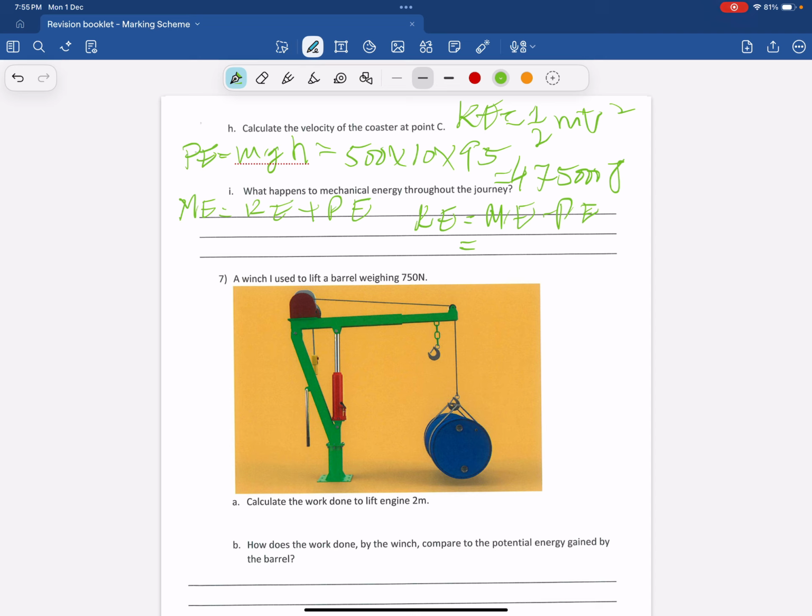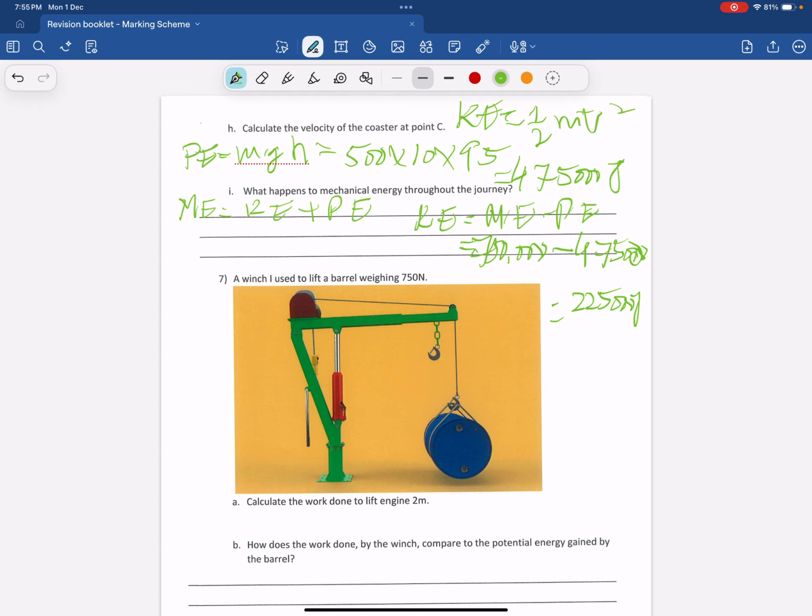My mechanical energy from the last part, I got 700,000, minus potential energy, 475,000. So I use my calculator, and it is giving me 225,000 joules. So this is my kinetic energy.